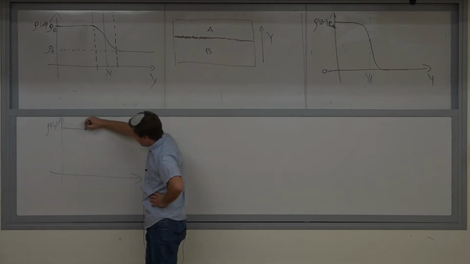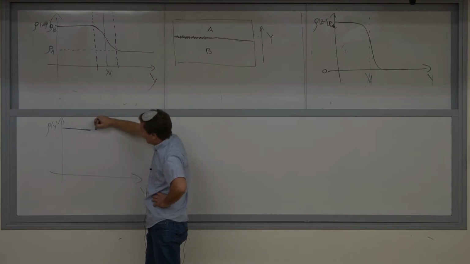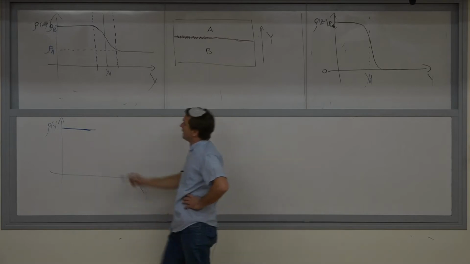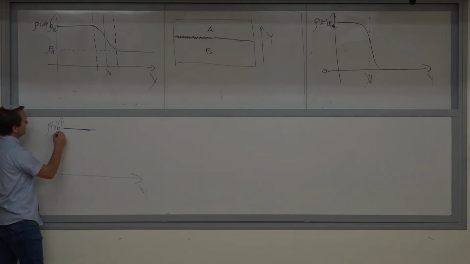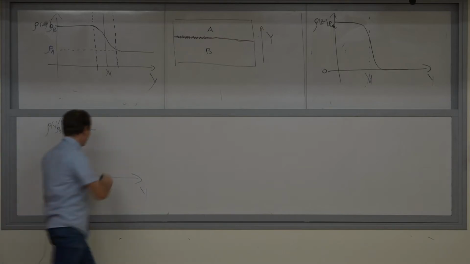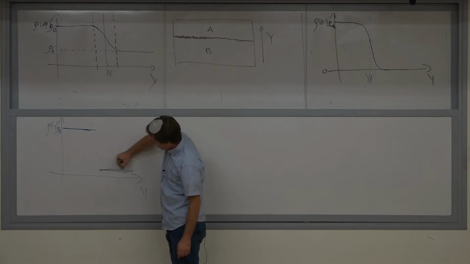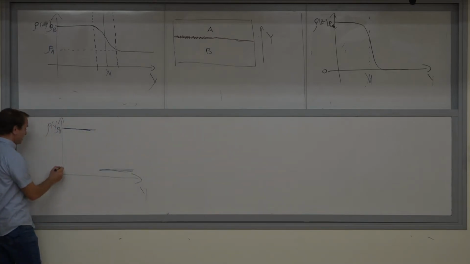Basically, I want to state that my mathematical profile is constant at rho b, and it's also constant for the other system at rho a.